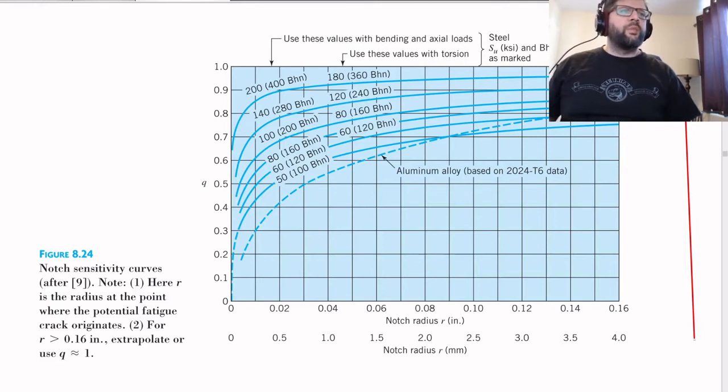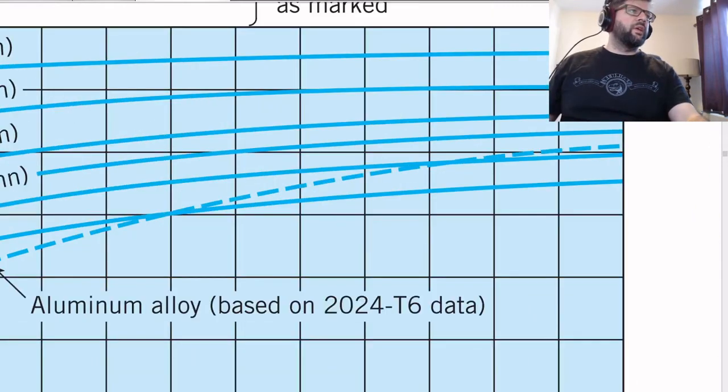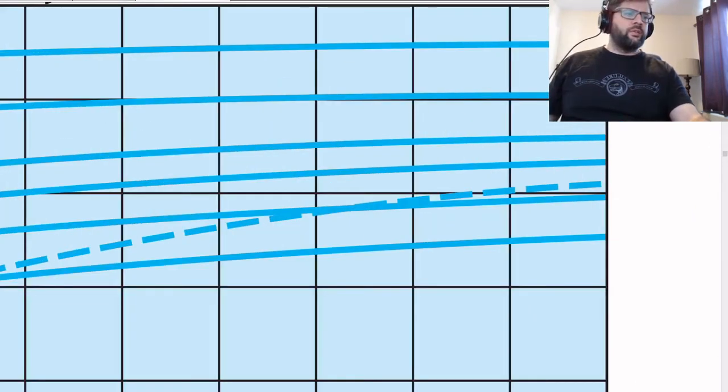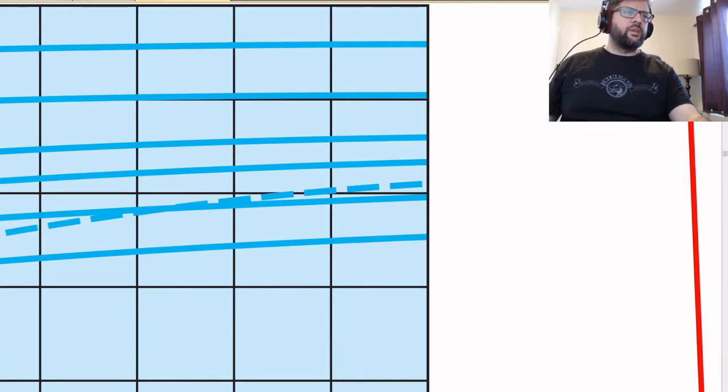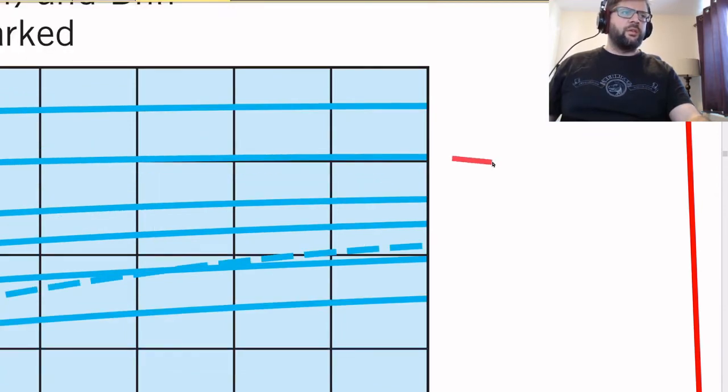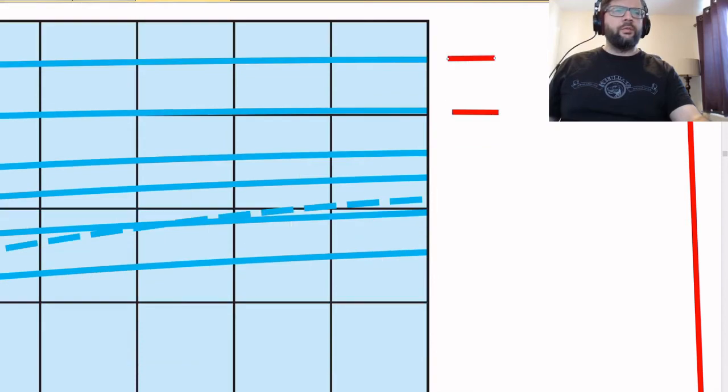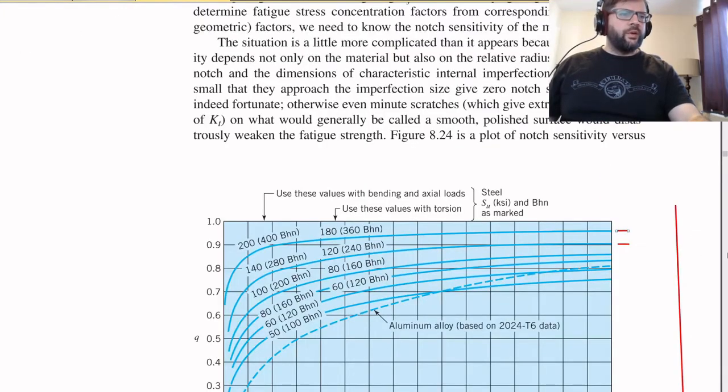So a bit above this 140 line here for the bending and the axial loads. So again, I'm going to zoom in on that. This here would be for the 140. This here would be for the 200. Oh, sorry, a bit below that. We're going for 130, not 140.